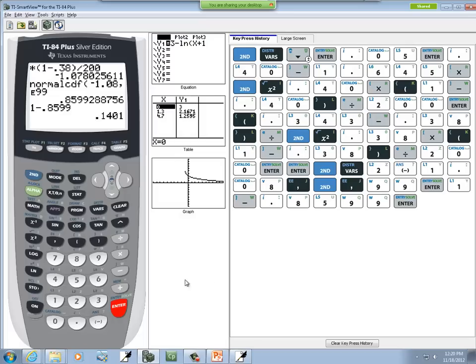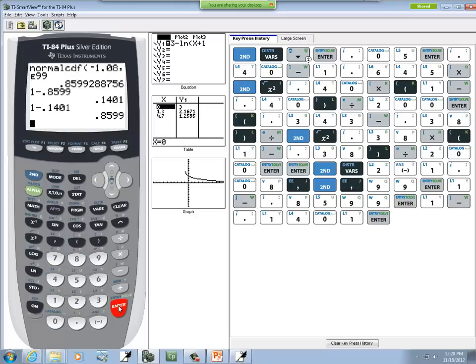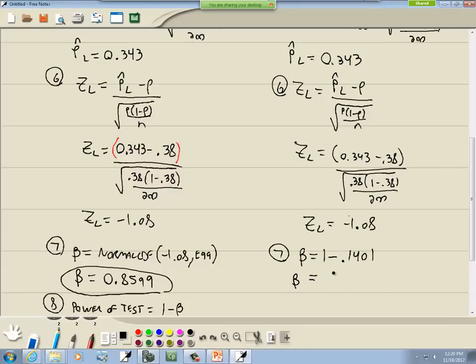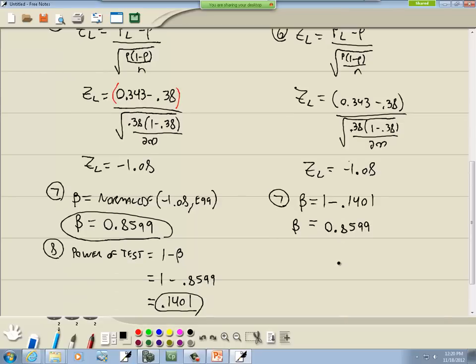Which gives us 1 minus 0.1401, 0.8599. Well, that's weird. I didn't think they'd be exactly the same. I figured normal CDF would give us a different answer, but oh well.